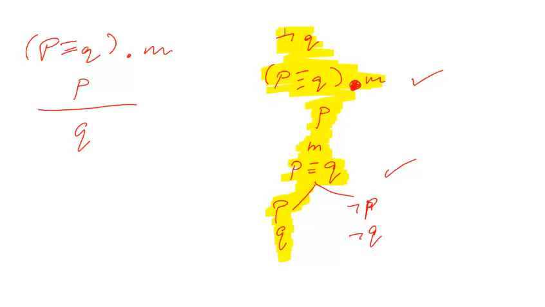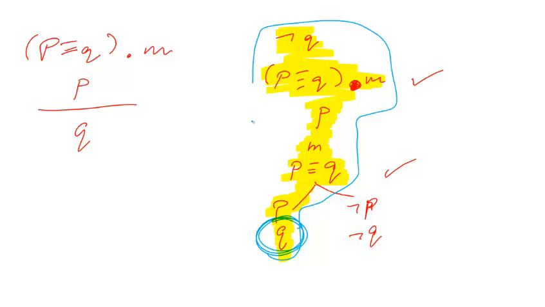We do. Where's the contradiction? Well, if we look down here, we've got Q, and in the same path, we've got not Q. So not Q, Q, contradiction, path closes.